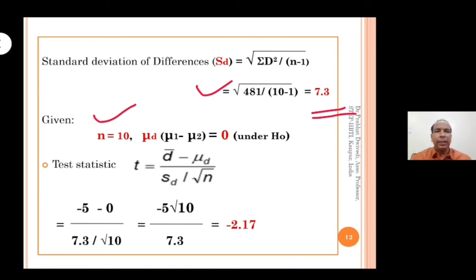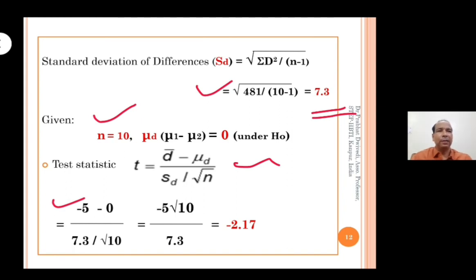We put all these values here, then we find that the test statistic t is equal to d bar minus mu d upon sd upon root n. D bar is minus 5, mu d is 0, so minus 5 minus 0 is numerator upon denominator.